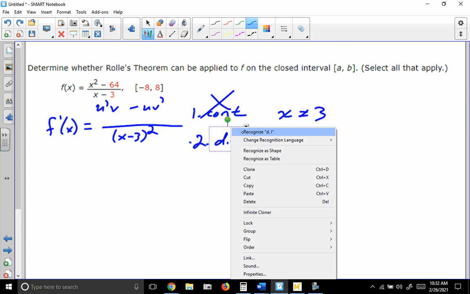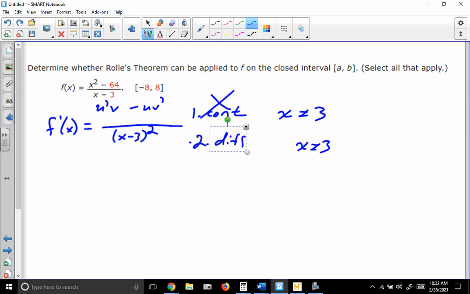So that value, if that were not inside our interval, that would not be a big deal because Rolle's theorem is only asking about differentiability inside the interval. But this derivative is undefined at 3, so it's not differentiable everywhere in our interval. Now we can check to see if the end values are the same.